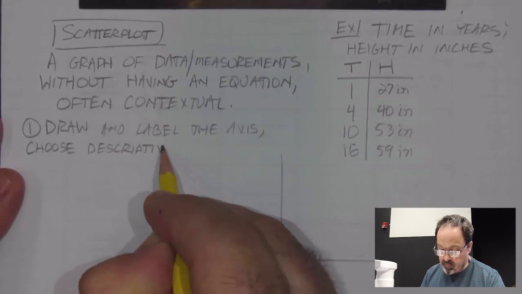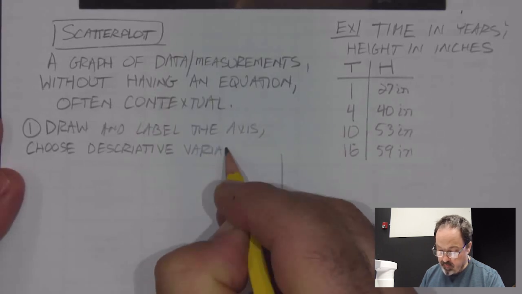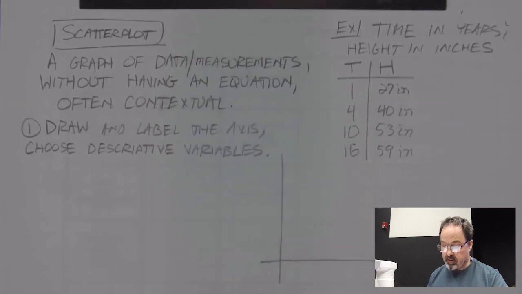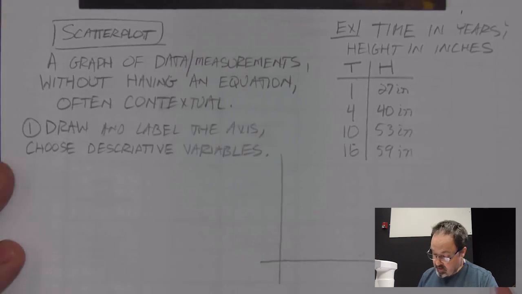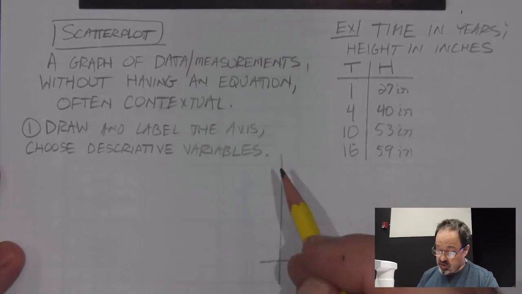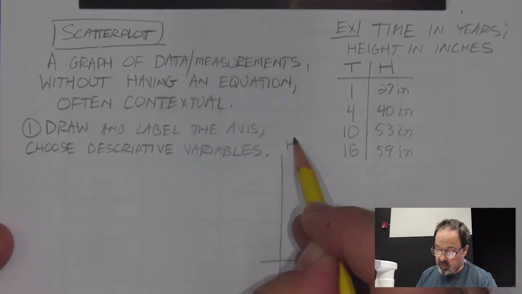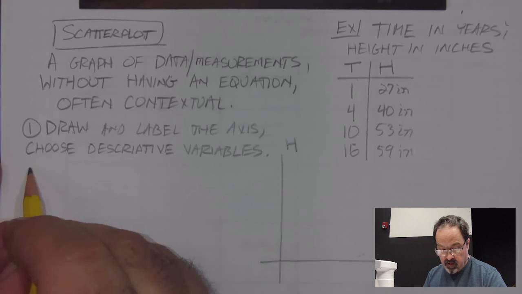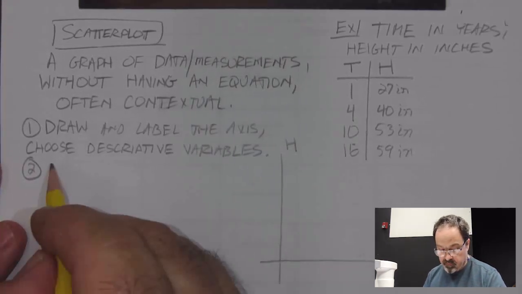If this is a real-world situation, then we're going to get away from the abstract use of the typical x and y, and we've already done that. T stands for time because it represents a measure of time, and t is going to be the horizontal axis instead of x. H is a descriptive variable. H is describing height, and that'll be our vertical axis. So we drew and we labeled the axes, and we chose descriptive variables, variables that represent what they stand for.